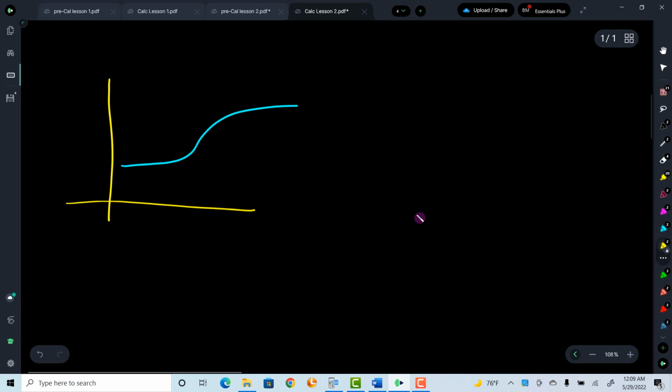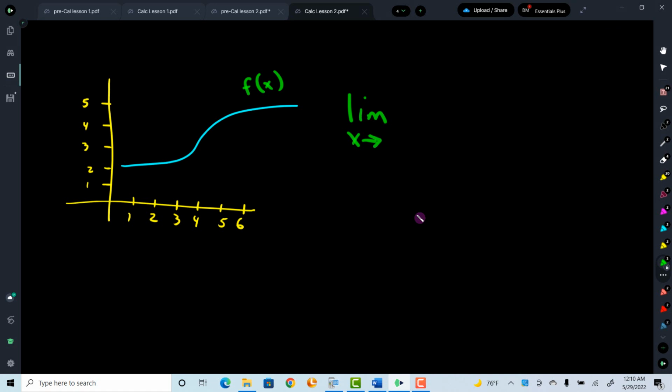Okay, so that'll be our graph, and we've got 1, 2, 3, 4, 5, and here we'll go 1, 2, 3, 4, 5, 6. Okay, so I want to know, I'm going to call this f of x, all right? What is the limit as x approaches 5 of f of x?